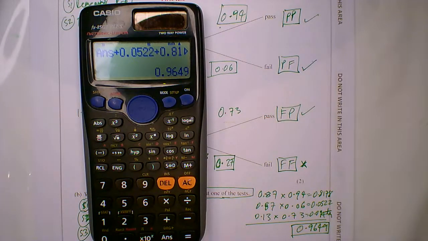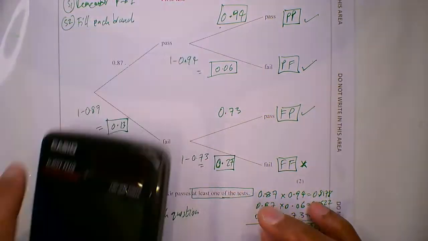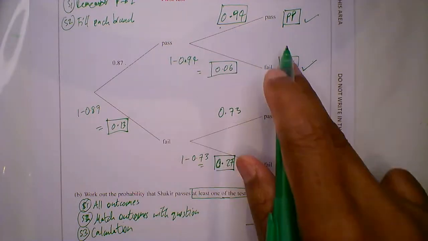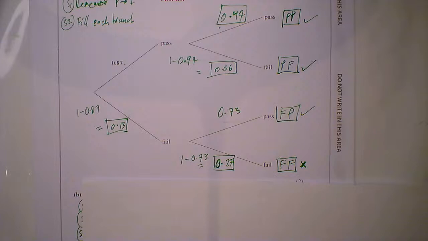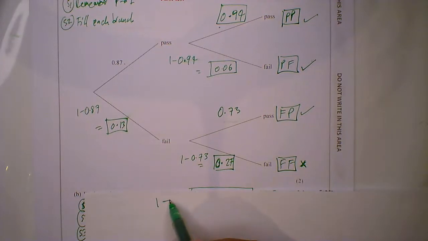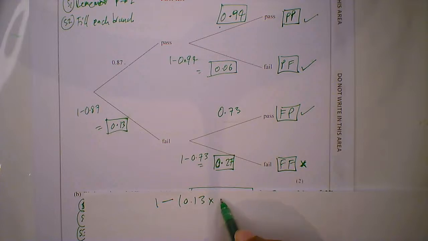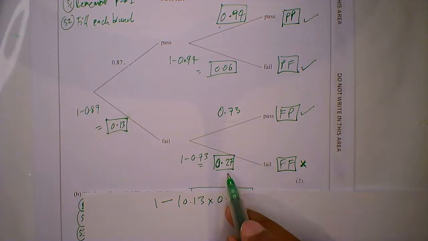Now, there is another shortcut that you can use, and it's important to remember shortcuts. Let me get another piece of paper just to make it easier to show you. The shortcut is, since I know that all probabilities add up to 1, I can just work out this one part. So I can do 1 take away 0.13 times 0.27.